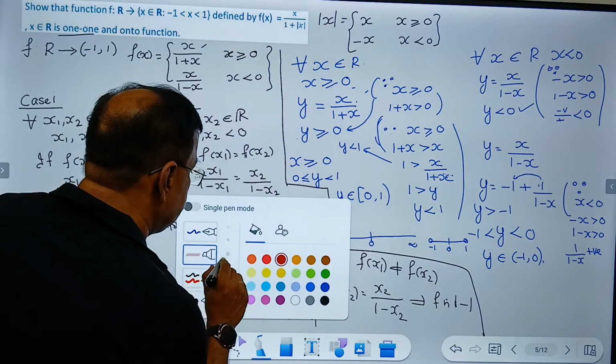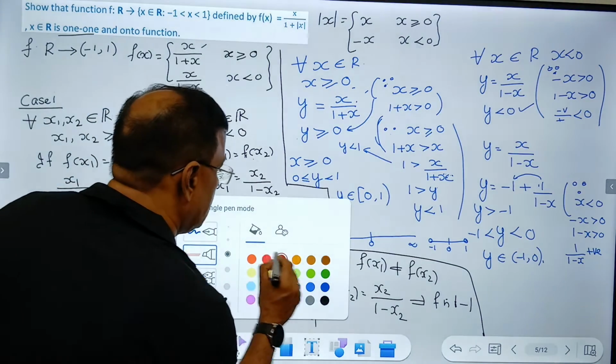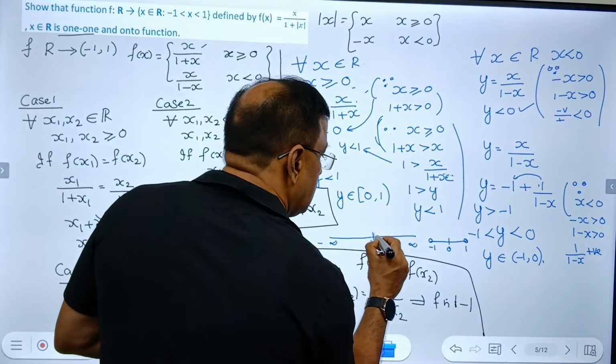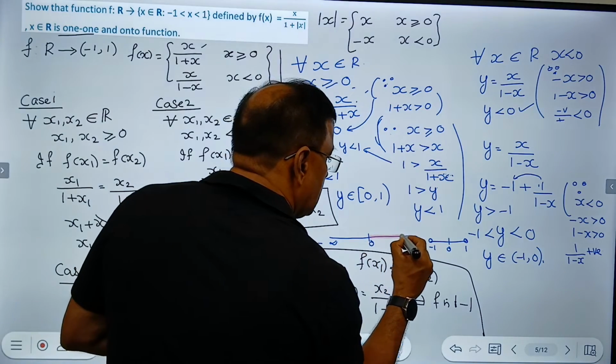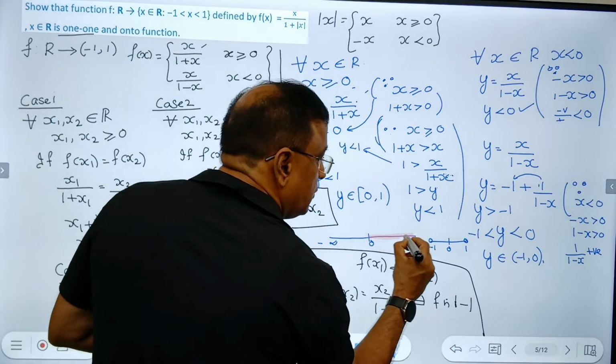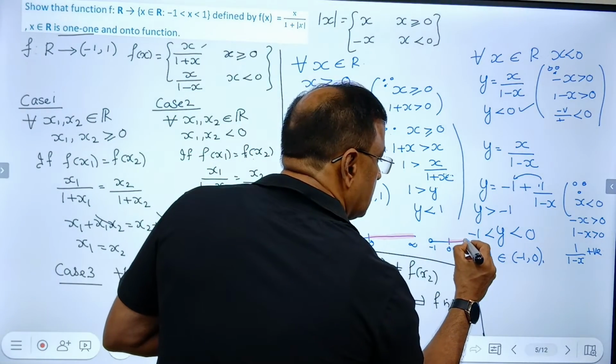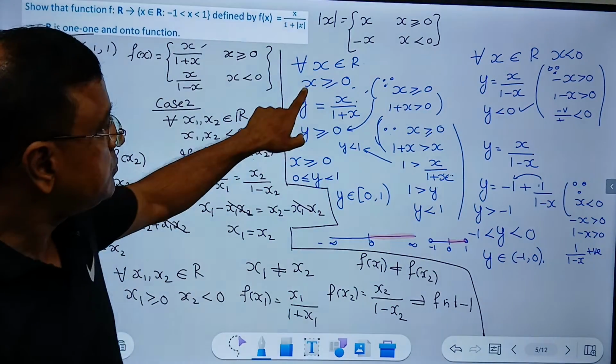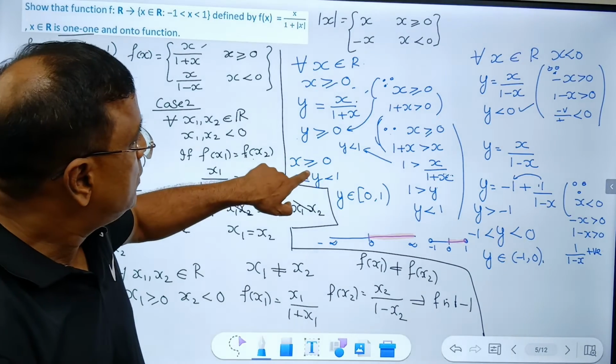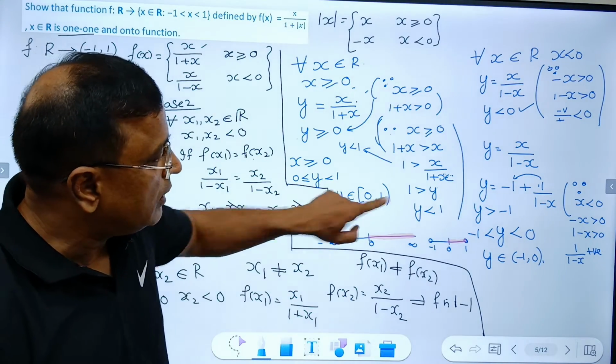Look at this. From 0 to infinity, all the numbers from 0 to infinity will go to 0 to 1. That's what I did here. See this? Y belongs to 0 to 1.